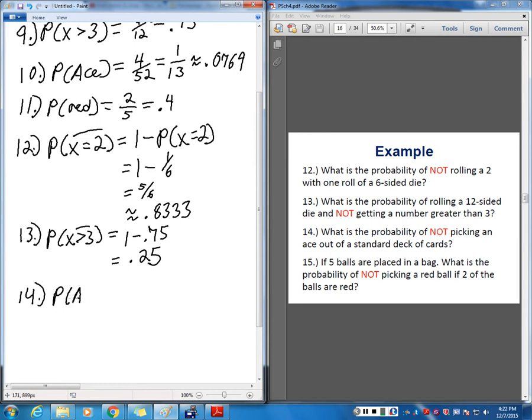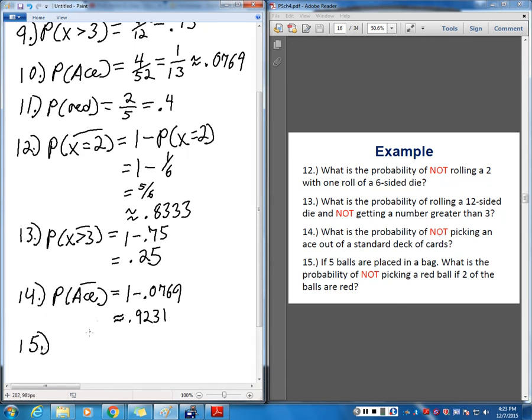This is the probability of an ace complement. We found in number 10 the probability of getting an ace was about 0.0769, so 1 minus that. That's going to be about 0.9231. That's approximate.